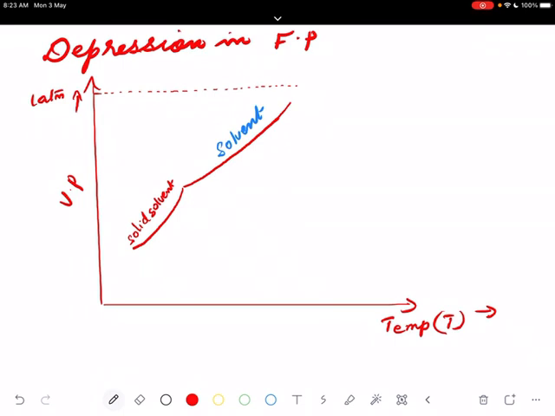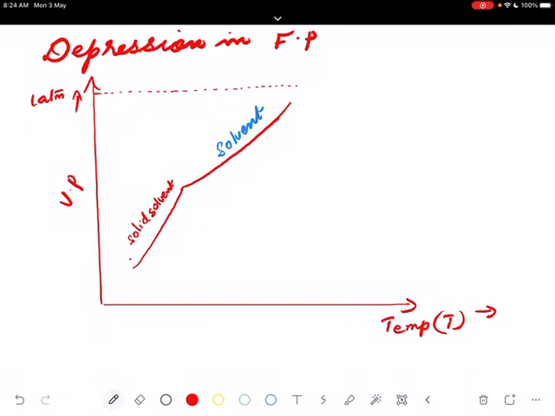Now, what about the solution? Solution will be having lower vapor pressure as compared to the solvent. That yesterday also we saw.